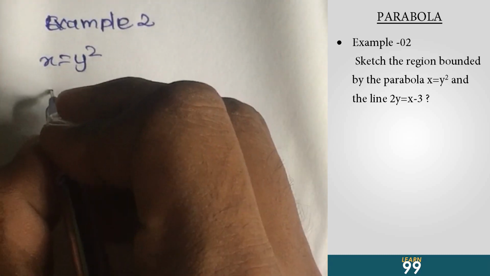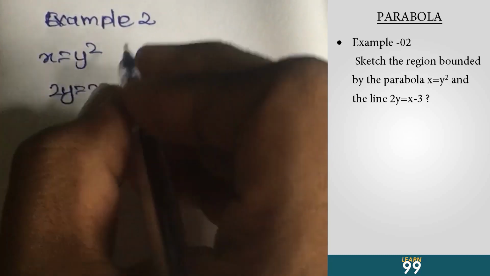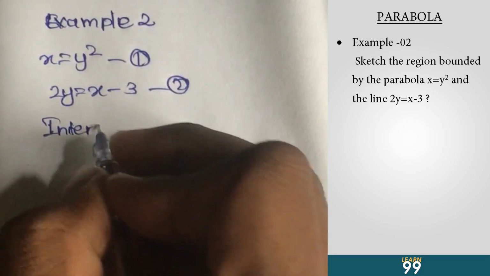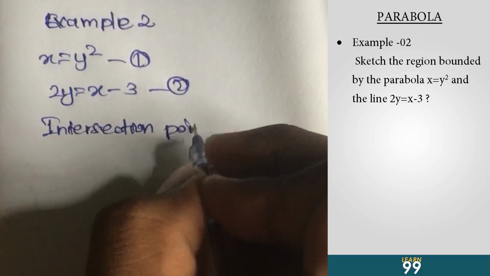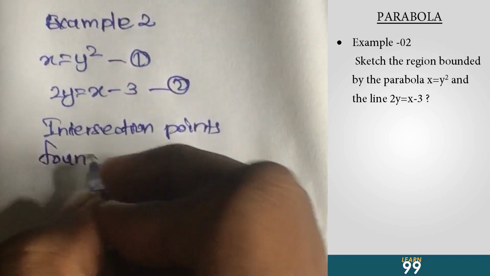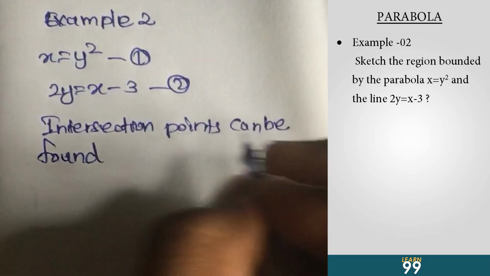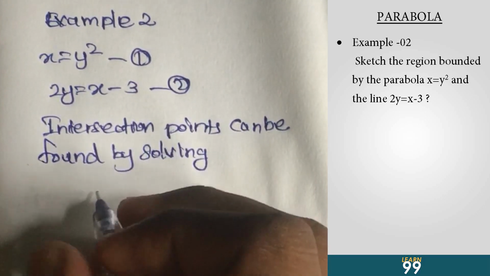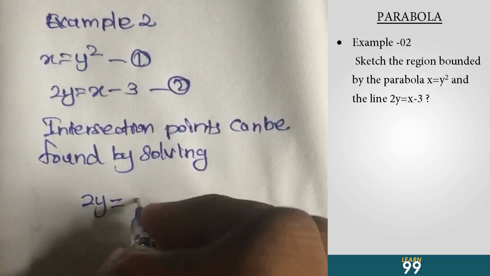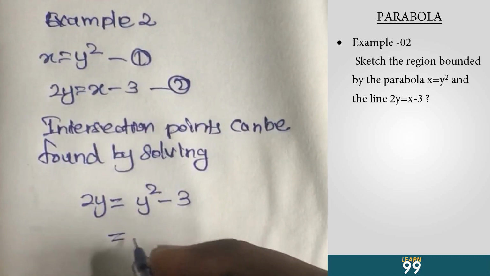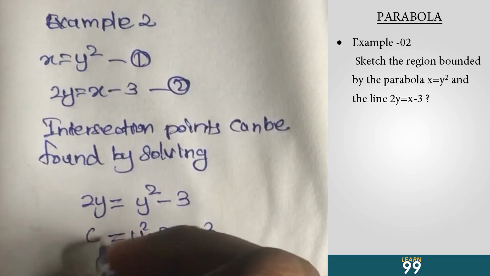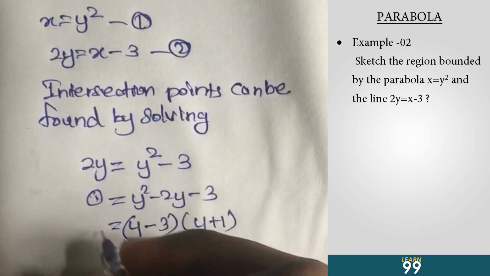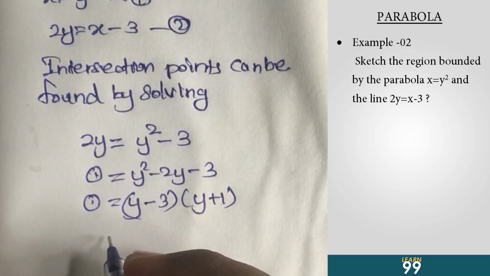Example 2, sketch the region bounded by the parabola x equals y squared and the line 2y equals x minus 3. In order to find the region bounded by the parabola and the line, we have to find the intersecting points by solving the two equations. In equation 2, we can substitute x equals y squared. Then we will get 2y equals y squared minus 3.